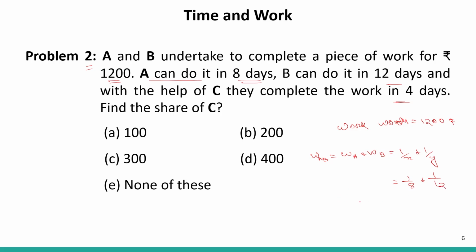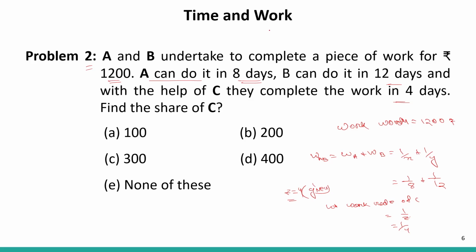And let the work rate of C be equal to 1 by z. So C will be completing it in z days, which is given as 4, so this will be equal to 1 by 4.